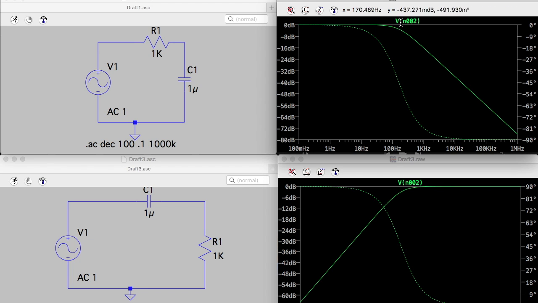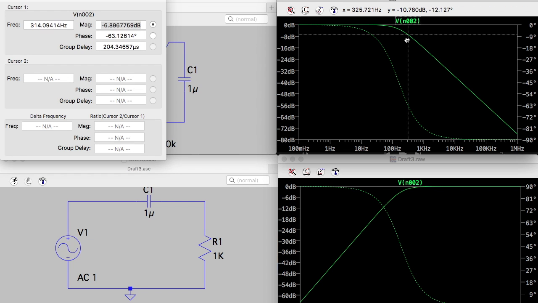At omega naught, which I calculated to be a magnitude of -3 decibels, we would expect a phase shift of -45 degrees, as you can see over here. And then at high frequencies, we see that the phase shift goes to -90 degrees. After that omega, we see a drop of -20 decibels per decade.